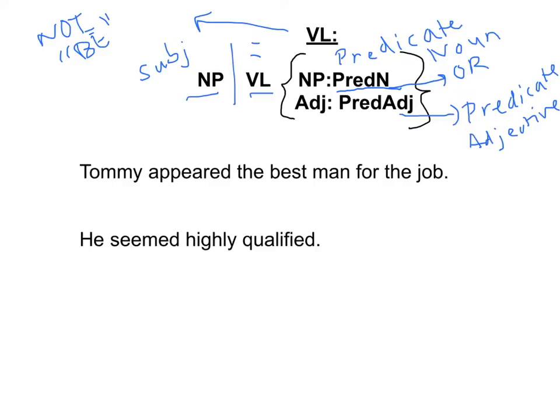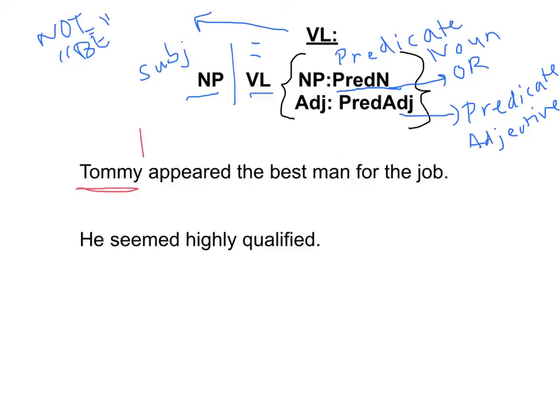Now, even though our formula only has 3 words included, those are the root words. We can still have all kinds of other words describing them. So let's take a look. Tommy appeared the best man for the job. Okay, well, where's our noun phrase? That is our subject. Right here. Tommy's the one doing the action.